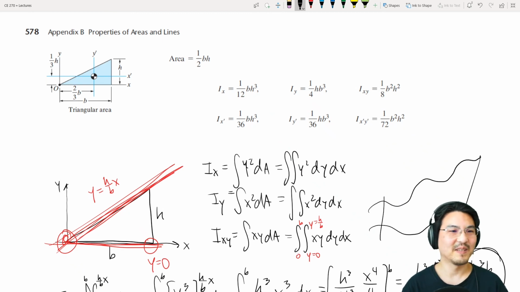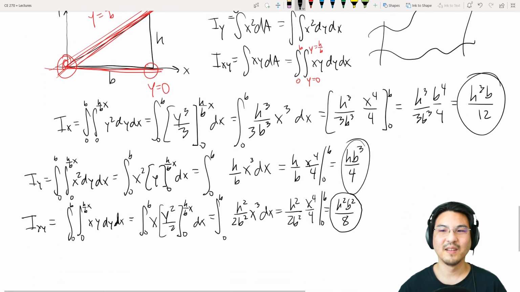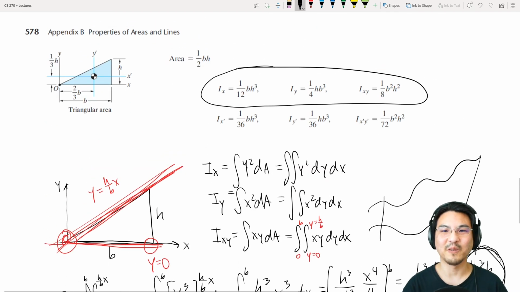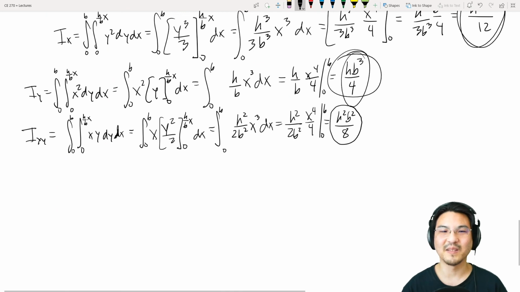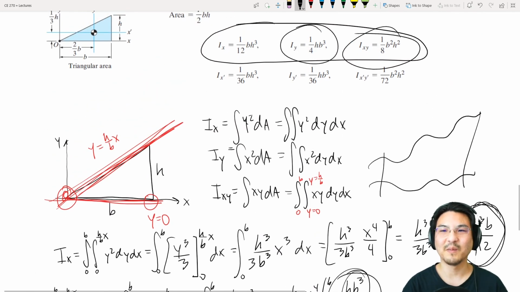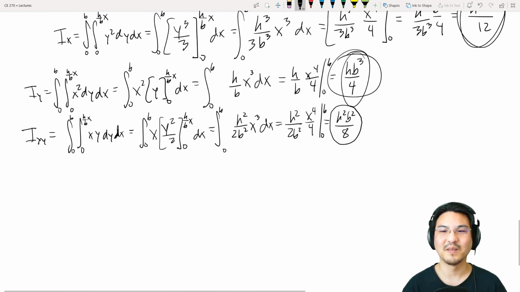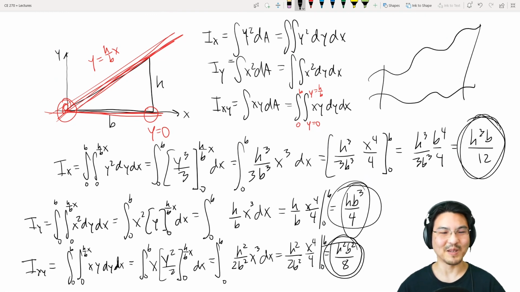And look at our answers: Ix is 1/12 b h cubed. That's what we got here. Iy is 1/4 h b cubed. That's what we got here. Ixy is 1/8 b squared h squared. That's what we got. So for simple shapes, you can just use the appendix, but I was just showing you the method.